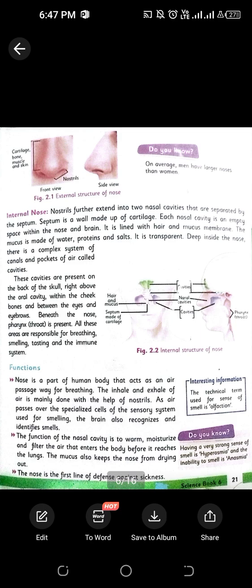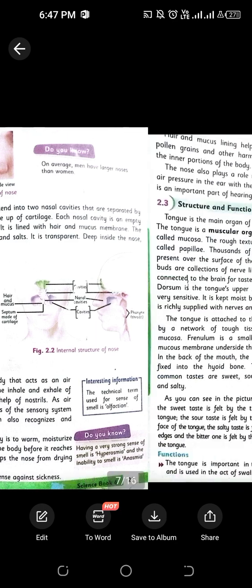The function of the mucus in the nose is to keep the nose surface warm and to prevent the nose from drying. Basically it's the passageway for breathing, and the nose is the first line of defense against sickness.